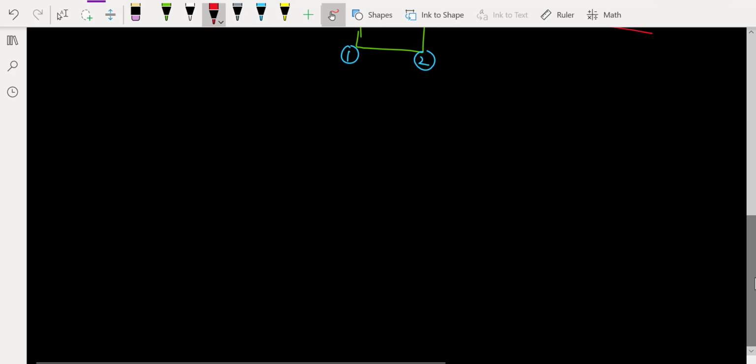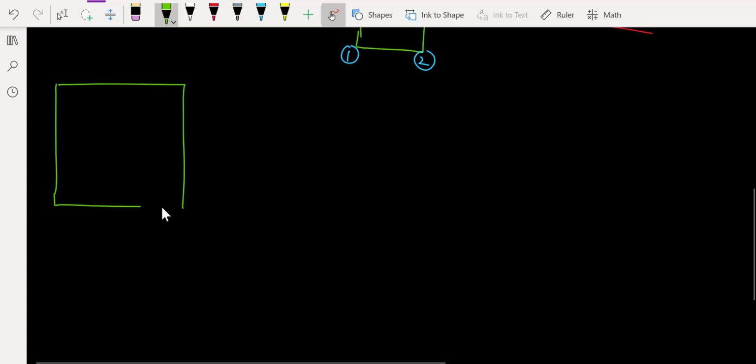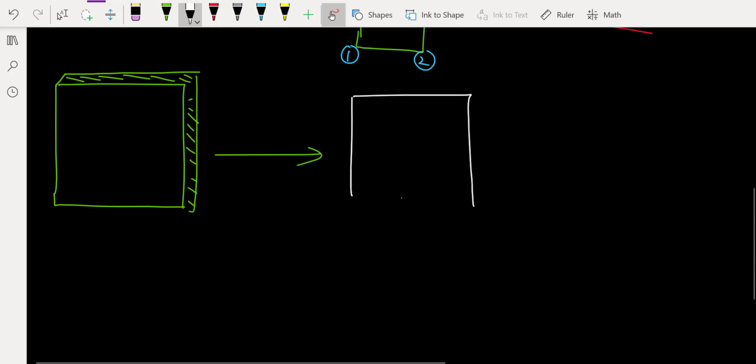So let's say I have this, again I'm redrawing that plate element. Okay, I have a plate element, it has some thickness. Now I have to discretize this plate element, so I take the same geometry and then partition it into two parts. So this is my element number 1, this is my element number 2.